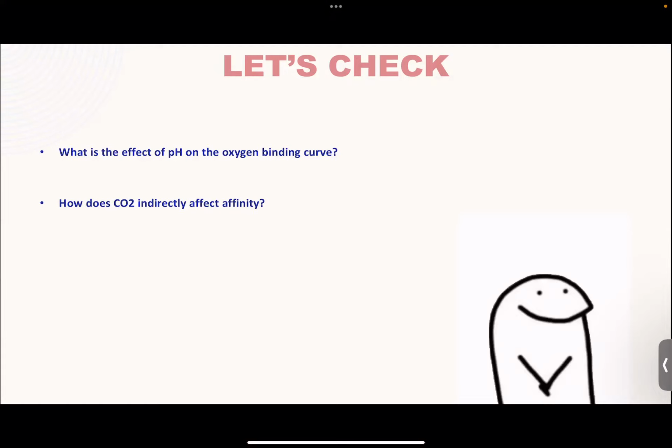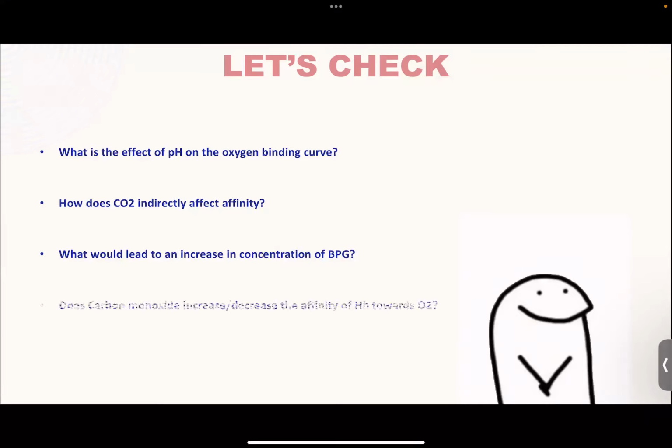CO2 decreases the pH, so it increases the hydrogen ions, and that in turn decreases the affinity. Perfect. What would lead to an increase in the concentration of BPG? Yeah, high altitude hypoxia, that's right. Or if you have a chronic lung disease where you don't have enough oxygen, right? Lastly, what does carbon monoxide do? Increase or decrease affinity of hemoglobin towards oxygen?